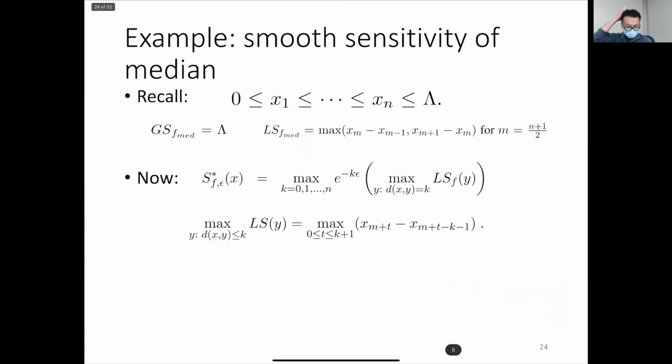So here's how. Let's say that we have this sorted data set x1 to xn, and we've seen that the local sensitivity is really the maximum of two values. Basically pick xm in the middle, go to the left and go to the right, check your distances, and then take the max of the two distances. And then the question is how can we calculate this quantity?